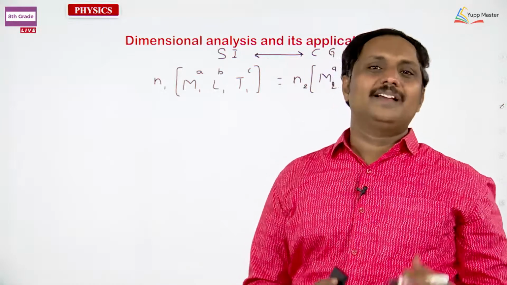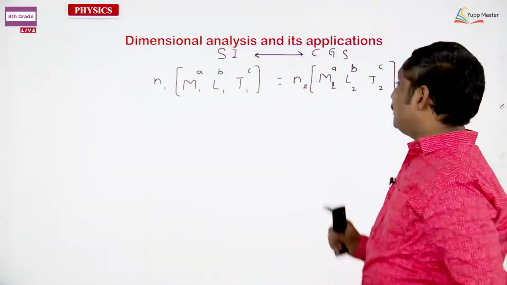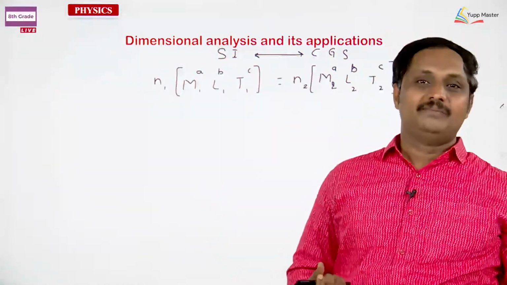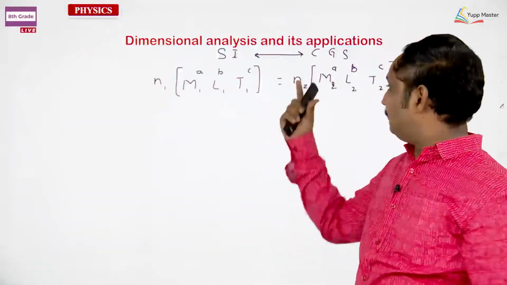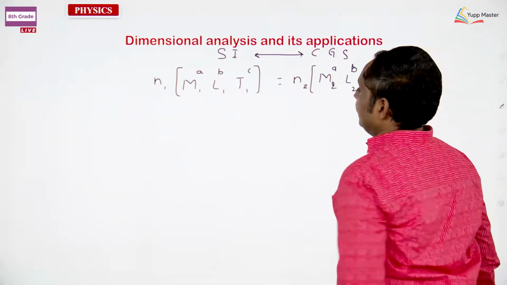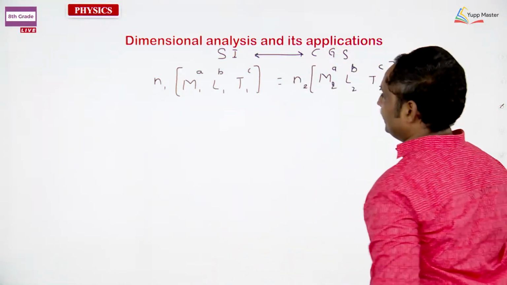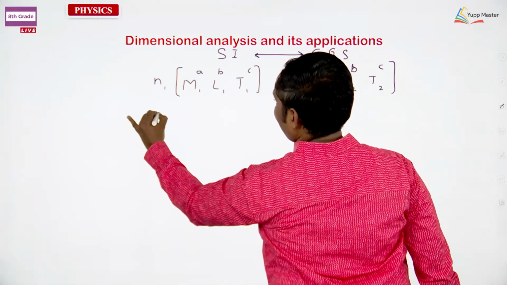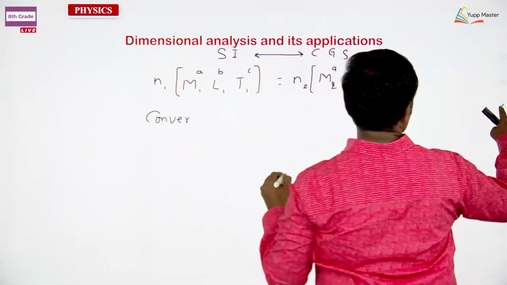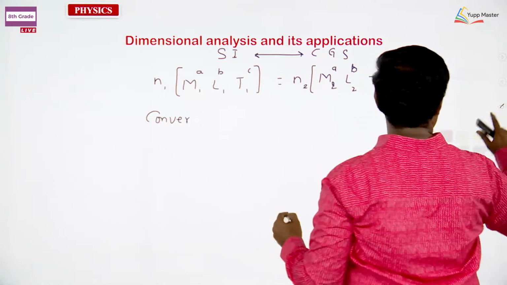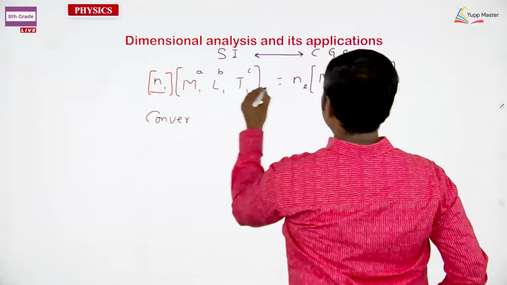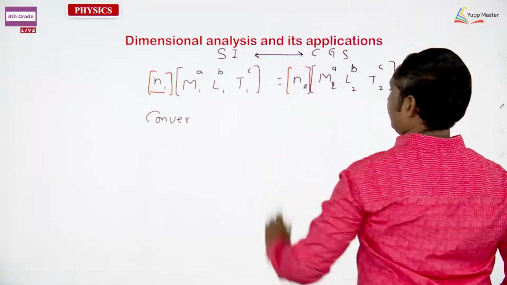Suppose in your examinations they ask a question to convert 1 Newton into dynes. How is it possible? With the help of dimensional analysis, you can easily find that out. Let's see one possibility, that is conversion.